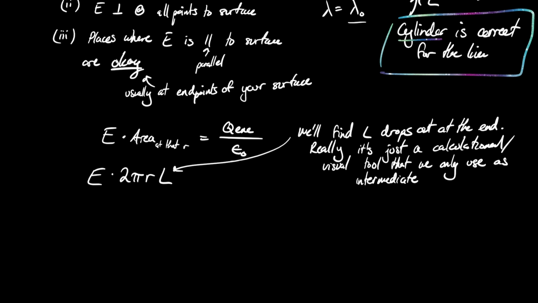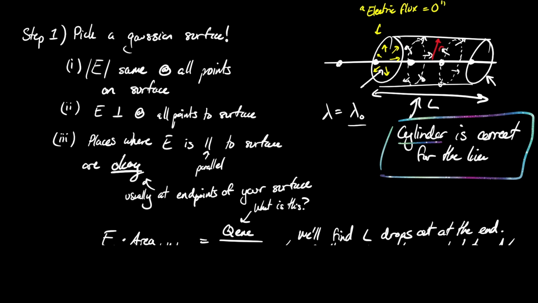Okay, and the only thing that's left is what is the charge enclosed within this cylinder? And at that point, the problem will be done. Now, remember, I didn't give you the total charge of the line. And by the way, this is a very long line, which prevents things such as the field having crazy shapes near endpoints.